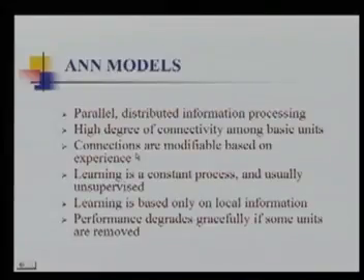As we said earlier, parallel distributed information processing. The brain consists of approximately 10 to the power 10 nerve cells, connected among each other in a very complex manner, and each neuron is a processing unit. Each processing unit is connected to other processing units.